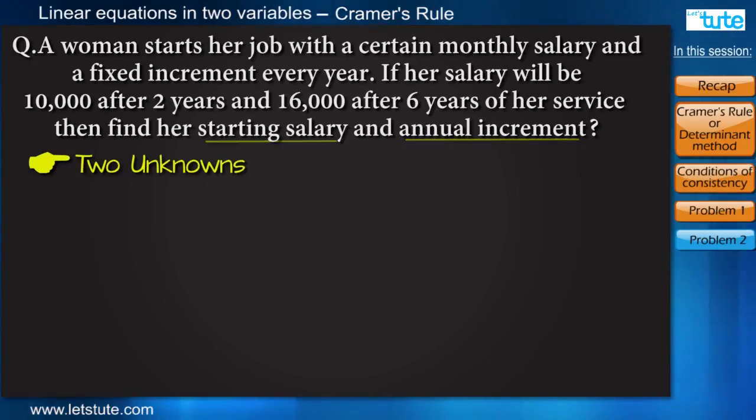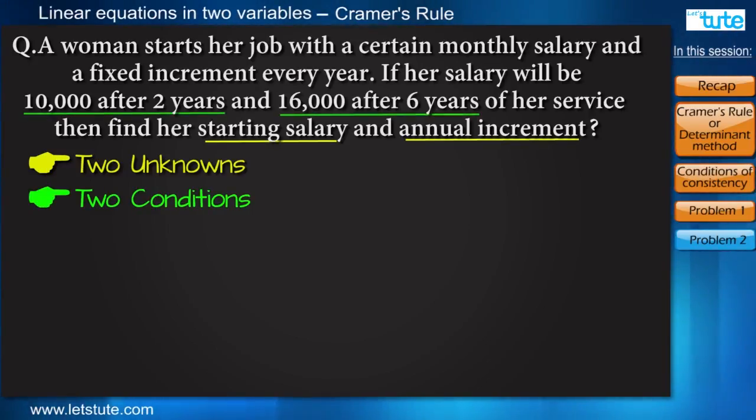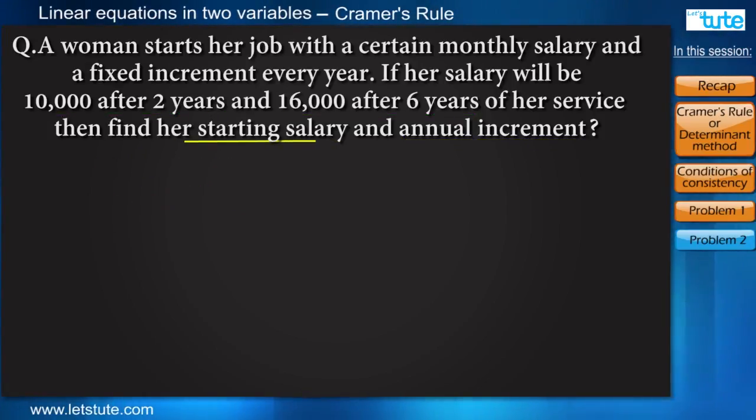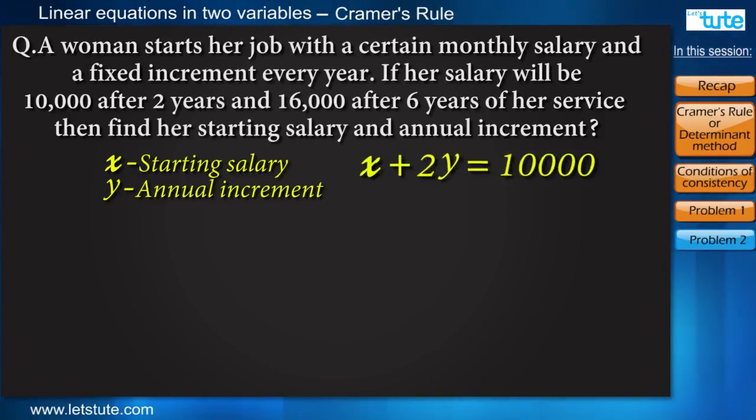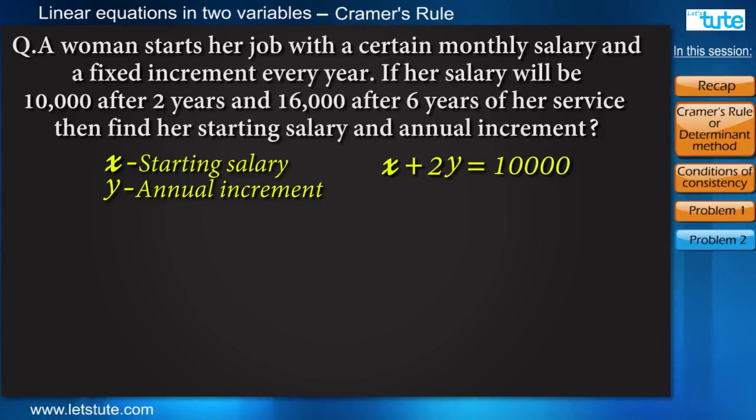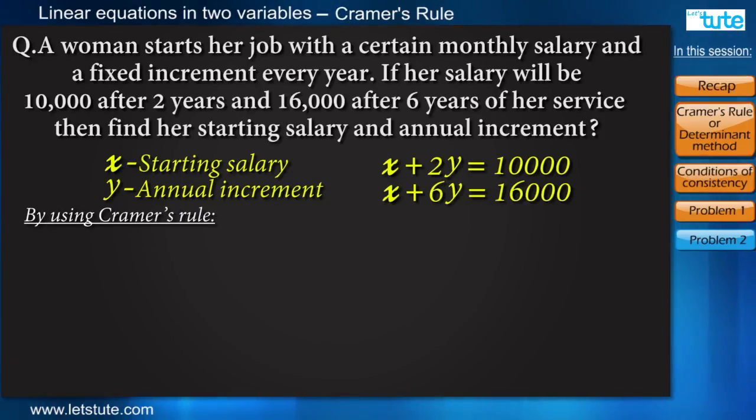Firstly, there are two unknowns and two conditions, which means we will get two equations based on the two conditions with two unknown variables, right? So let's take her starting salary as x and annual increment as y. So we can make two equations out of the situations as x plus 2y equal to 10,000 and x plus 6y equal to 16,000. Now let's solve this using Cramer's rule.